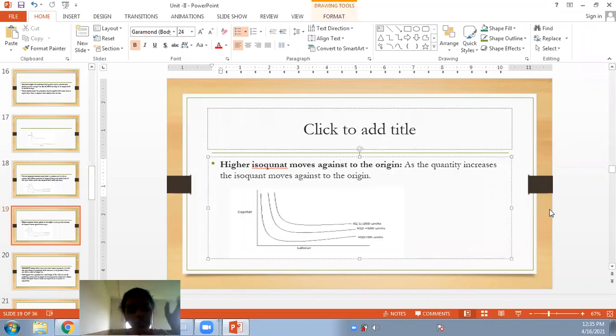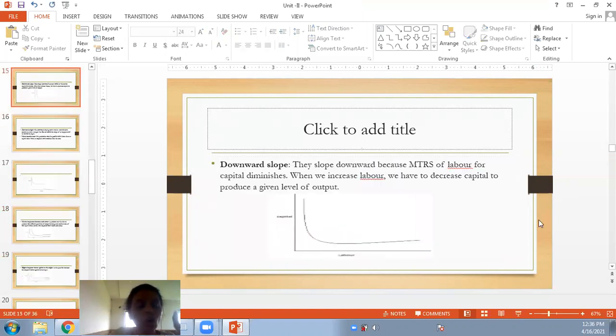So these are the various properties of isoquants. What is an isoquant? An isoquant is a combination of two input factors producing the same quantity. What are the properties? First, it is a downward sloping curve. Next, it is convex to the origin.